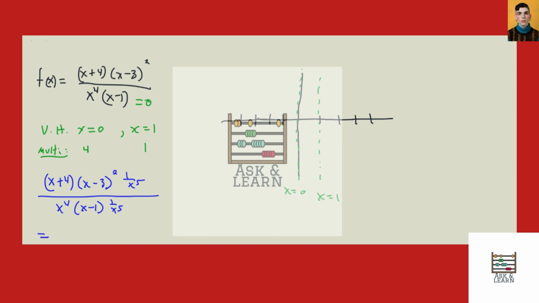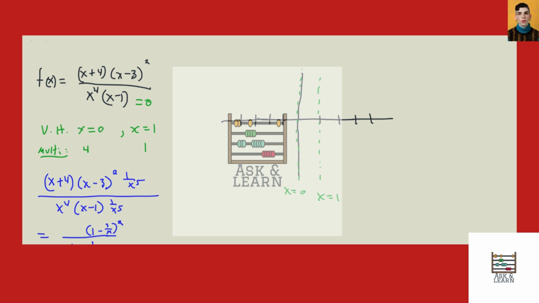Now the x to the fourth and x to the fifth just becomes 1 over x, and I can distribute the rest of that into the denominator to just get 1 minus 1 over x. And in the numerator, I can distribute 2 of them inside of x minus 3, and doing that will give 1 minus 3 over x squared.